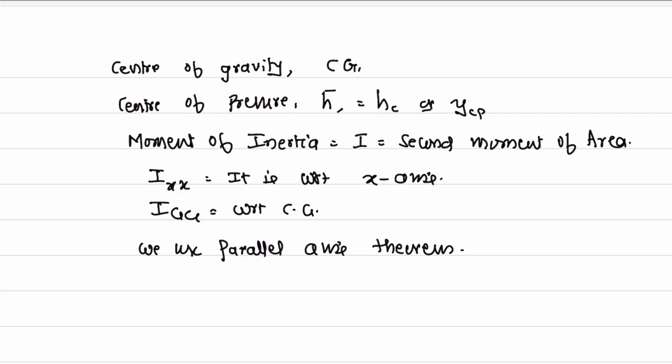The calculation of center of gravity, we have discussed, is Q, the first moment of area. Center of gravity is equal to Q by A, where A is the area of the plane. Now, let us go for some more discussion on this, because it is very much required.